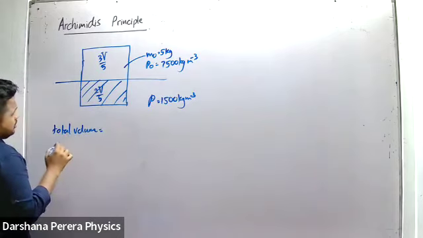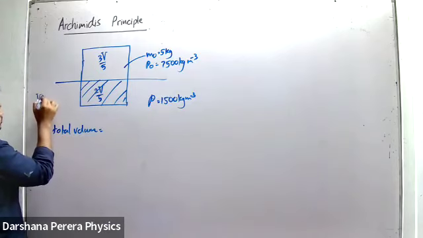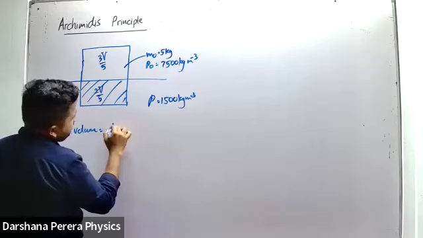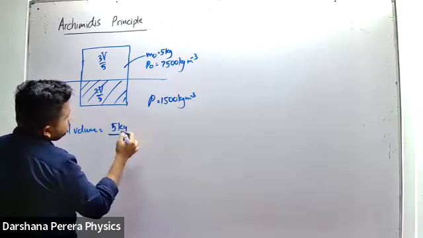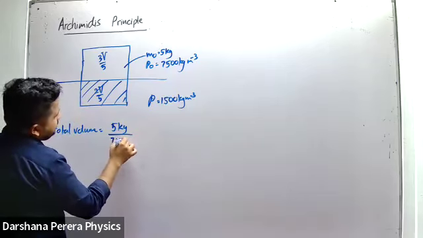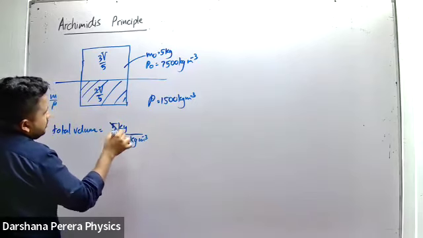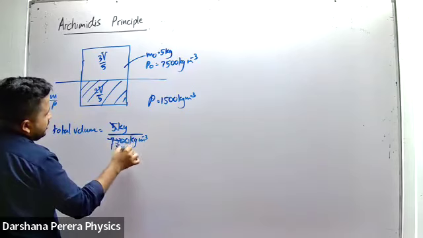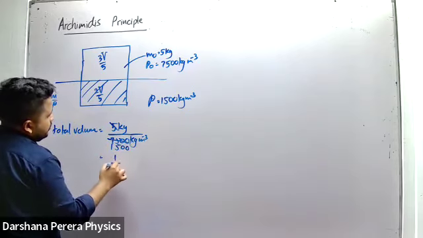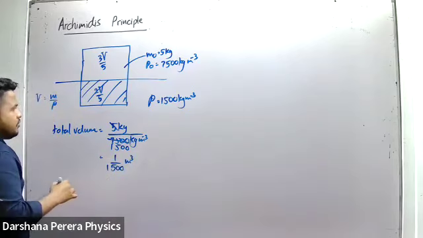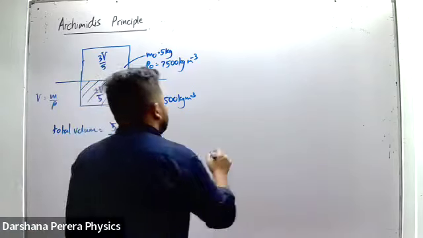Volume equals mass over density. Mass is 5 kilogram, density is 7,500 kg m^-3. So 1/1500 meter cube.